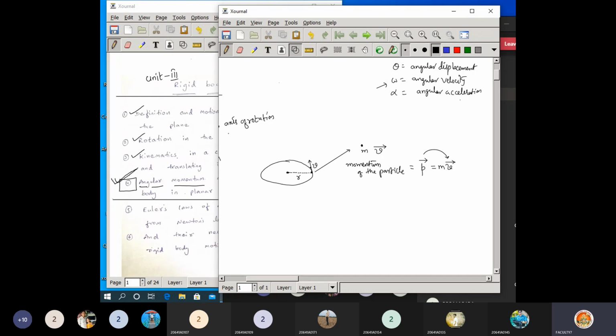Due to that, the point is going to rotate. Due to that rotation, you get the concept of angular velocity. Now due to that, you get the relation here: the velocity and the angular velocity are both related with this r, with the relation that we had seen in the earlier classes.